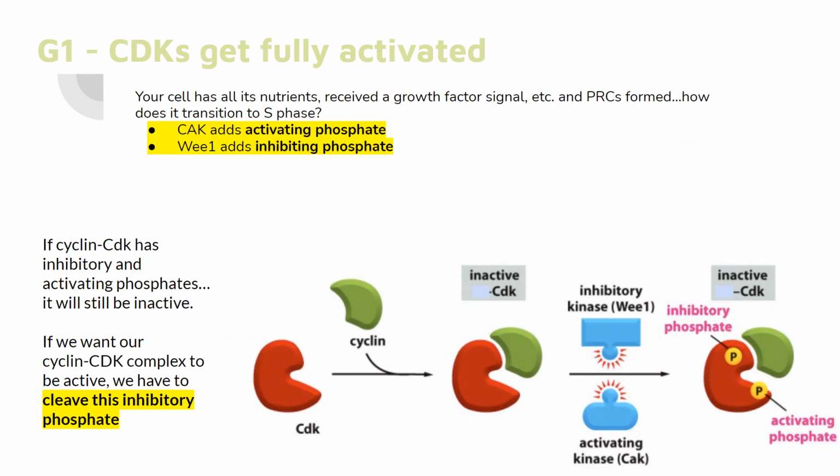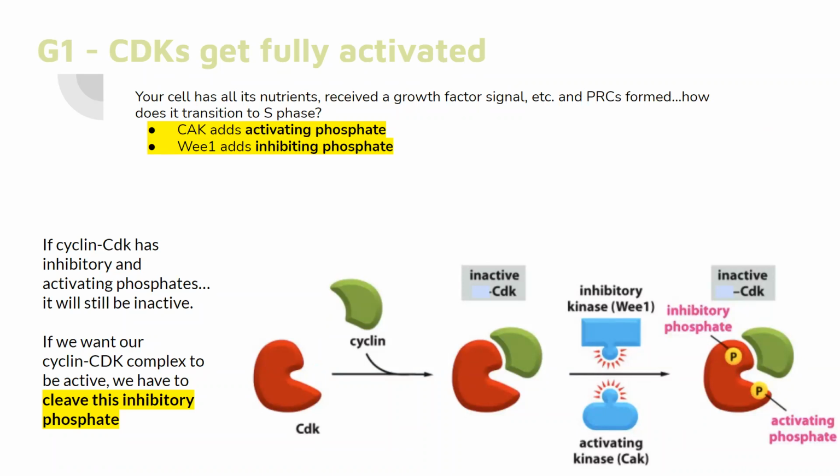Okay, so like she talked about, in G1 CDKs are regulated in order for the pre-replication complex to form. So then for the cell to move from G1 into S phase, the CDK activating kinase will add an activating phosphate, but then WEE1, which is another nuclear kinase, will add an inhibitory phosphate. Now, if both of those are added, the cyclin-CDK will still be inactive because one is activating it, but the other is inhibiting it.